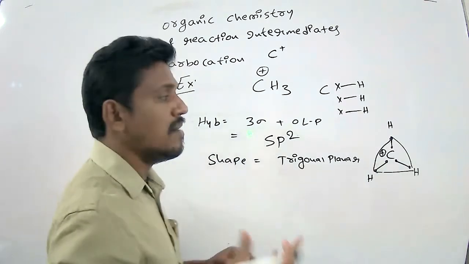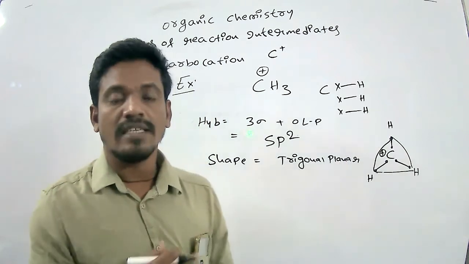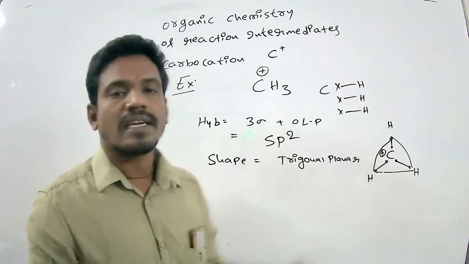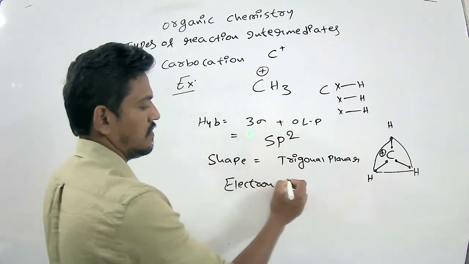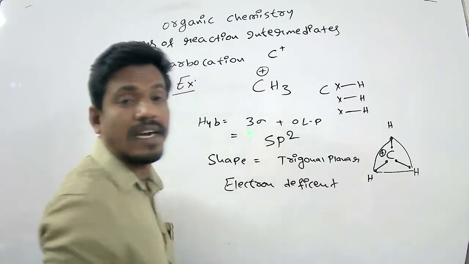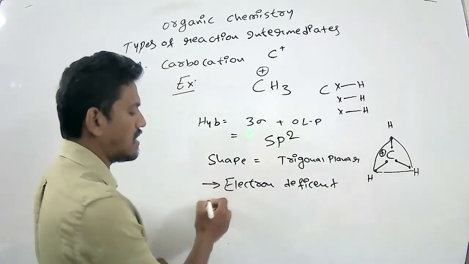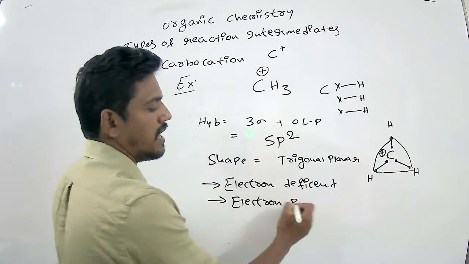To become an octet, it needs 2 more electrons. That's why carbocations, during their reactions, are always trying to gain 2 more electrons. They are electron deficient by 2 electrons. That's why they are always electron pair acceptors.